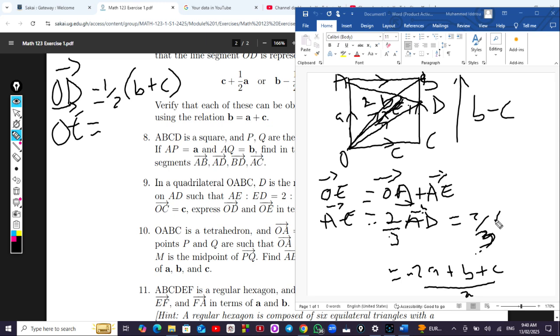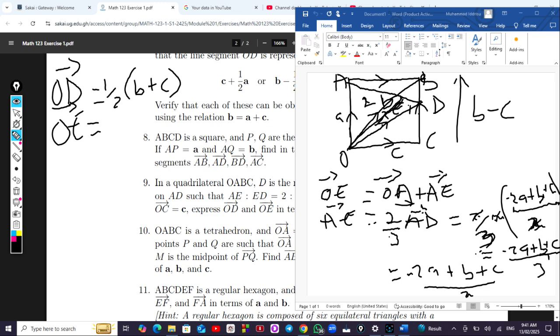2 over 3 multiplying, let me put it in bracket, negative 2A plus B plus C all over 2. So this 2 will take away this 2, leaving minus 2A plus B plus C all over 3.